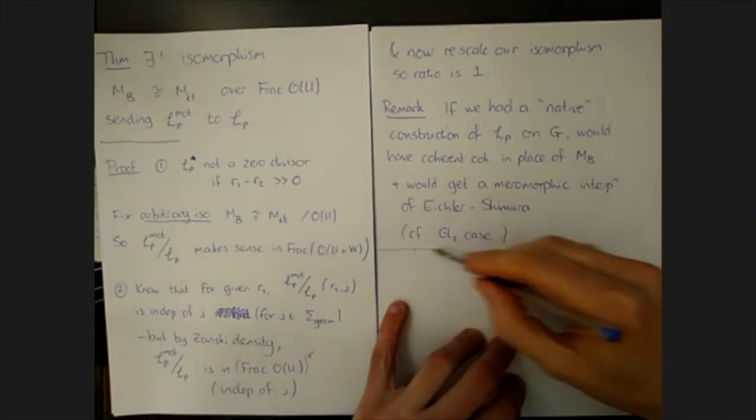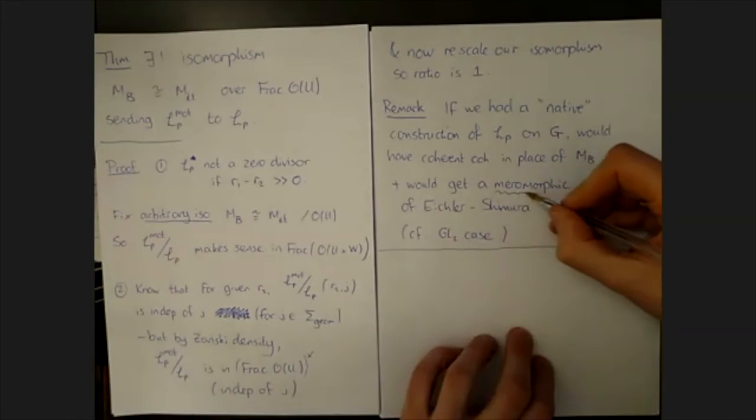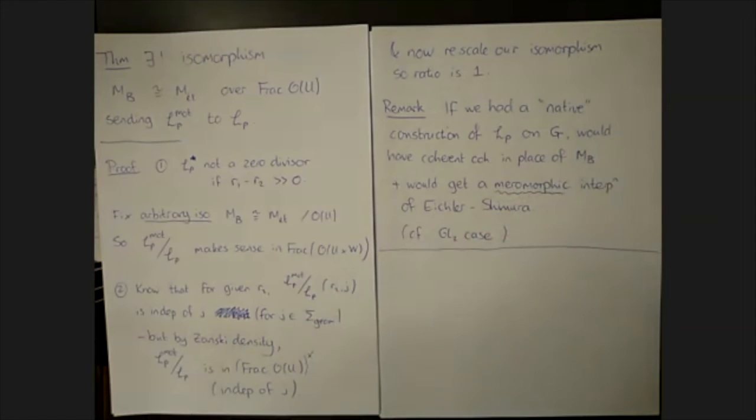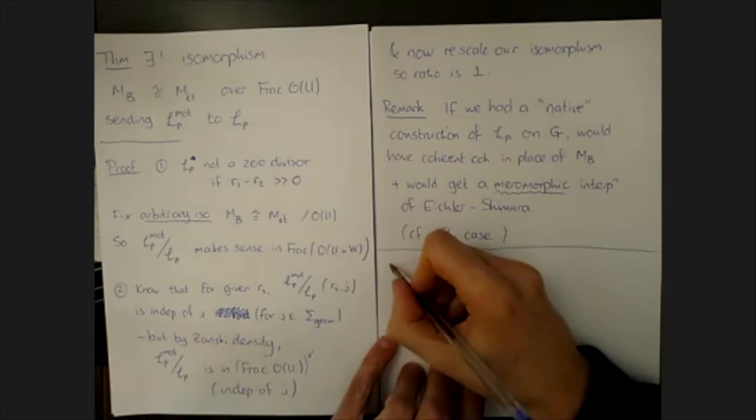So there's one last thing to deal with before we can start mopping up the arithmetic consequences of this. And that's the fact that this is a meromorphic map, an isomorphism of modules over the fraction ring of O of U. So we need to do something to deal with the points where it degenerates.